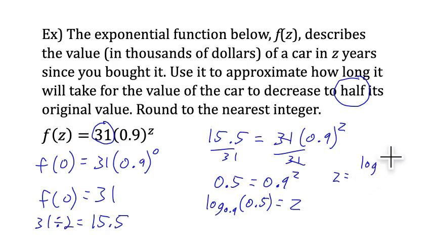So we have log base 10 of 0.5, and when we use base 10, we leave the 10 out. We don't write it. Over log base 10 of 0.9. So the change of base formula allows us to use our scientific calculator to do this calculation here.